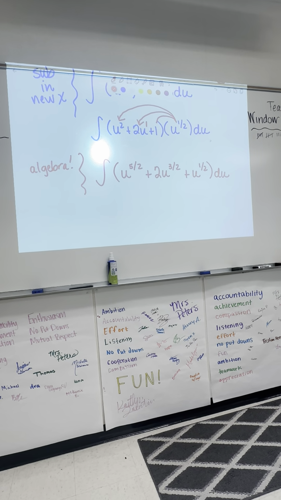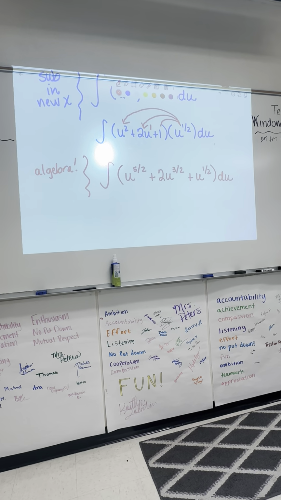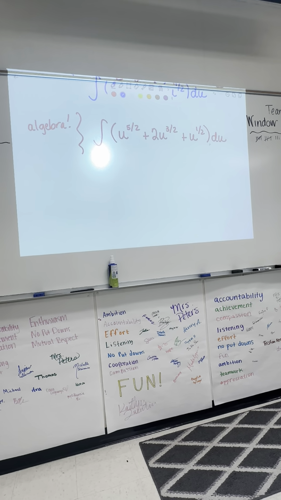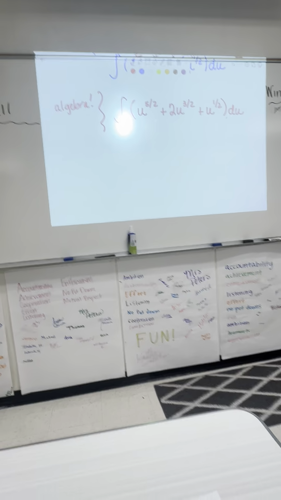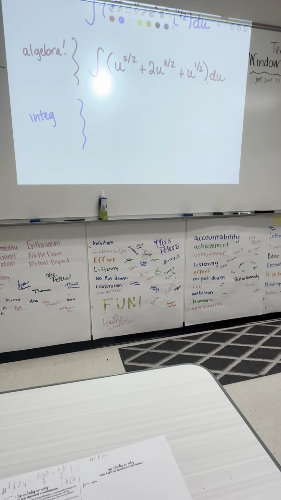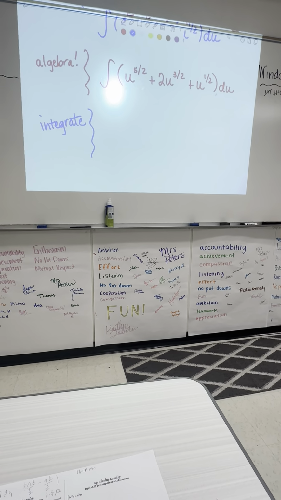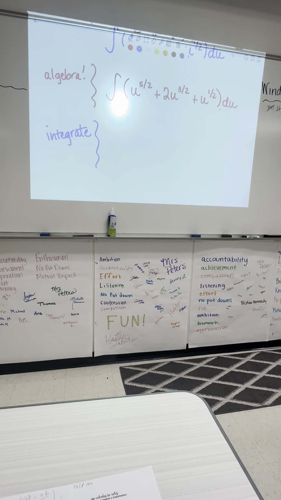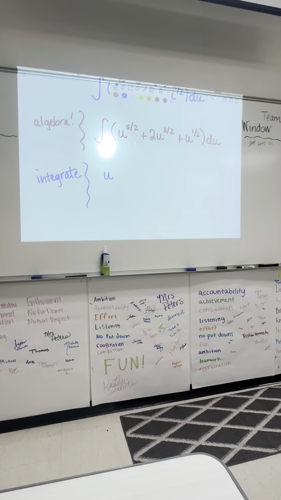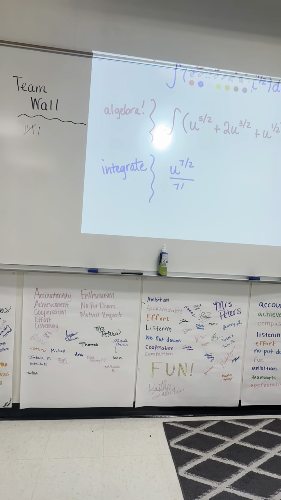Now, is that an expression that we can anti-differentiate? Yes. It's not necessarily a fun one because it's got a whole bunch of fractions in it, but that's all right. So now you can anti-differentiate, integrate, whatever you wanna call it, okay? U to the 5/2 becomes what? U to the 7/2 divided by 7/2.